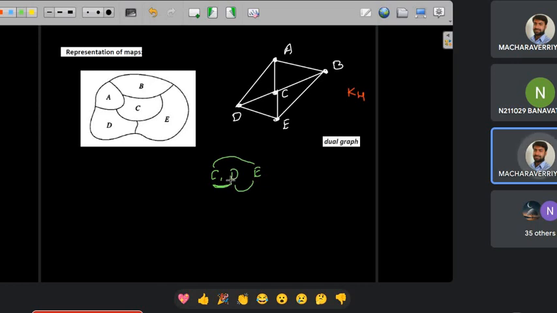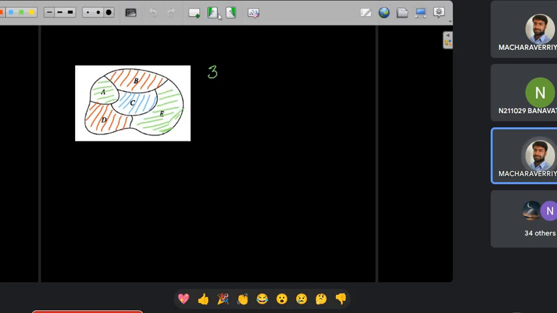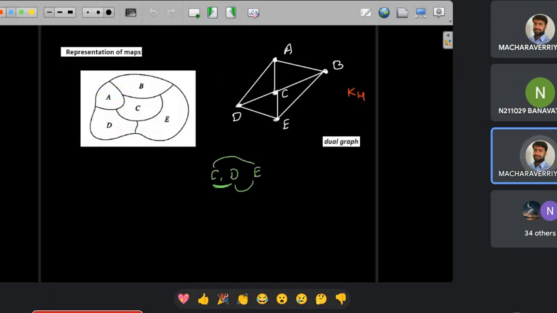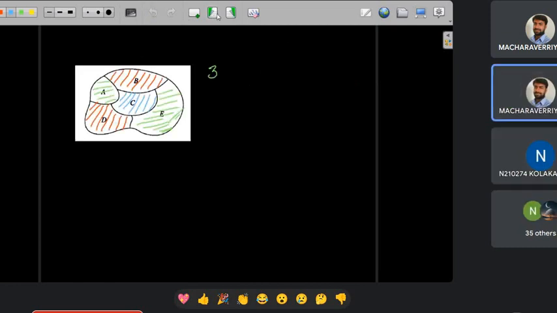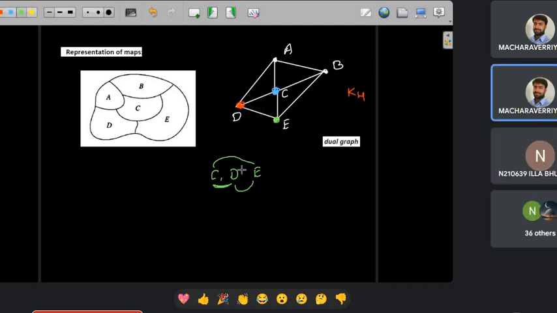So I cannot assign 2 colors just to these C, D, E. Definitely we require 3 different colors. So I assign C blue color, D red, and green color to E.